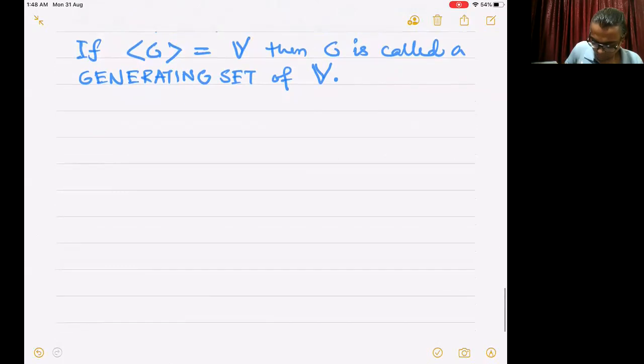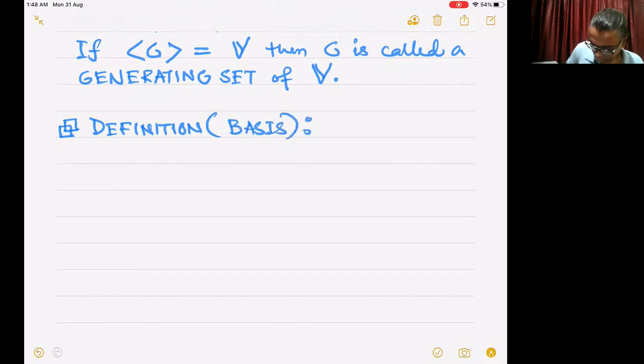Now comes the big definition, the big reveal, namely the definition of basis. I'm sure you have heard this term before multiple times: basis functions, basis vectors, this, that, but what they really are.